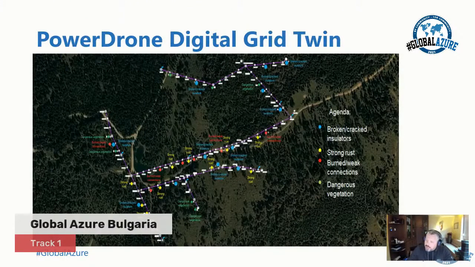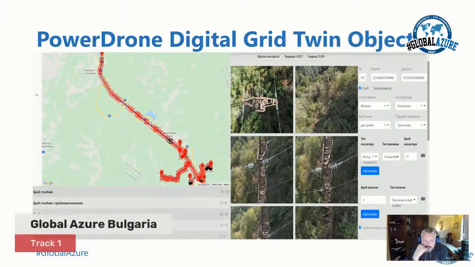Quick note on how it all connects to what we've been doing. I've been talking in previous events about one of our startups, called Powerdrone, which connects information on specific grid elements and visualizes them using our own platform. So what we do on the level of an object, this is a screenshot from our platform.